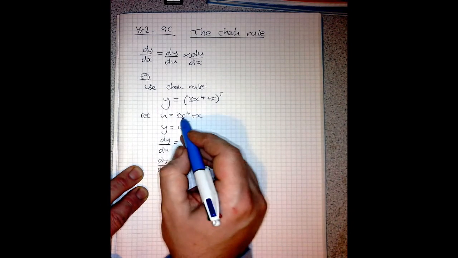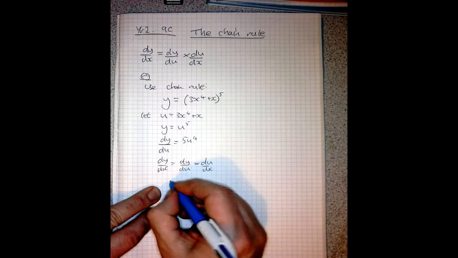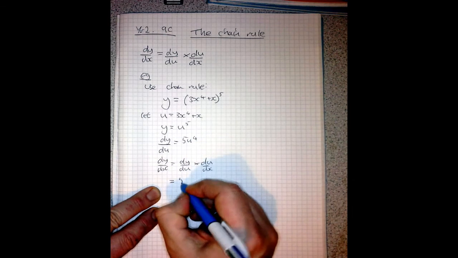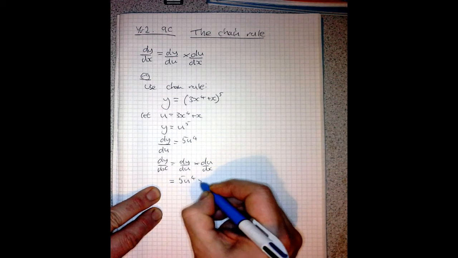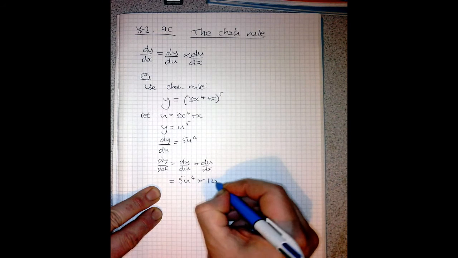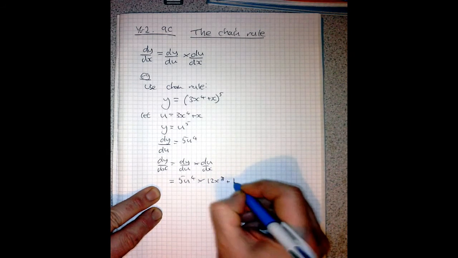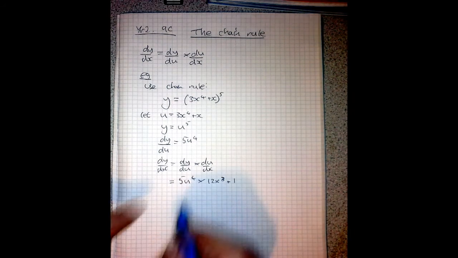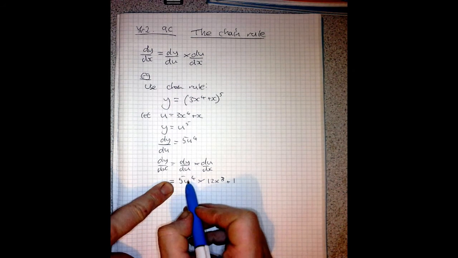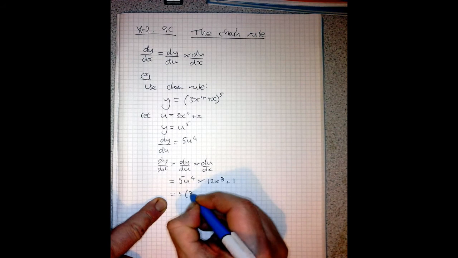Well, du dx is just the derivative of this expression with respect to x, so dy du 5u to the 4 times by du dx, differentiate this, 12x cubed plus 1.